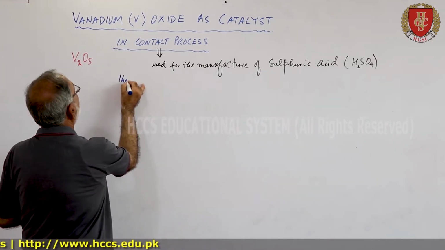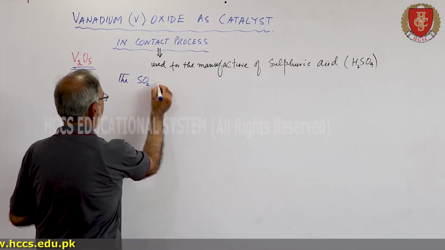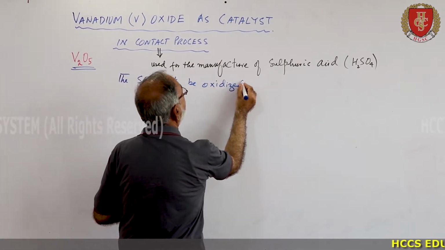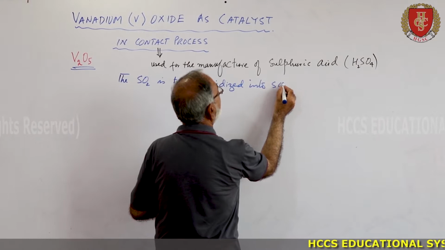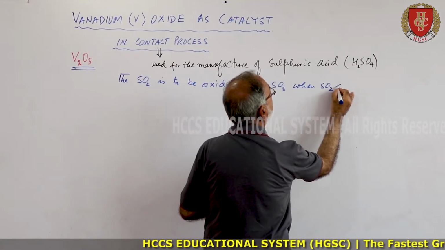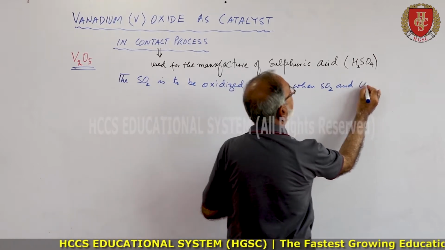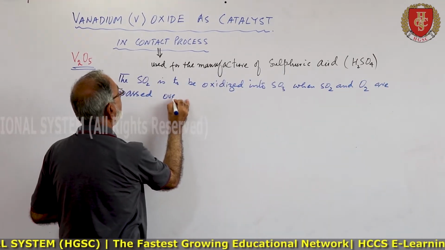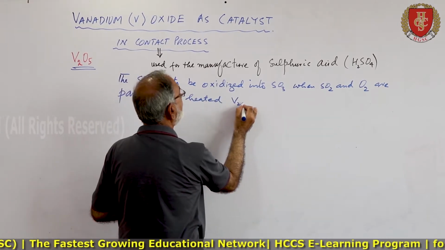In this process, the SO2 is to be oxidized into SO3 when SO2 and oxygen are passed over heated V2O5 catalyst.